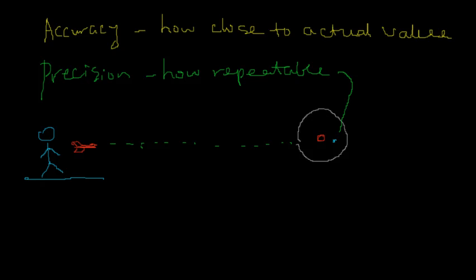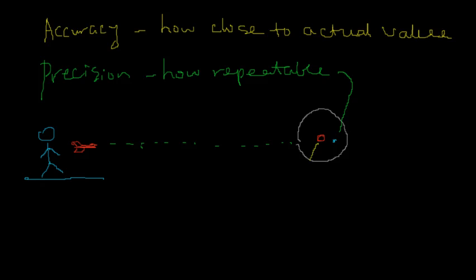So he has a systematic error, all right? He's always at a fixed distance from the bullseye. So the difference is the systematic error. Okay, so this systematic error tells us how accurate he is. The bigger the systematic error, the less accurate he is, because the further away from the actual value.